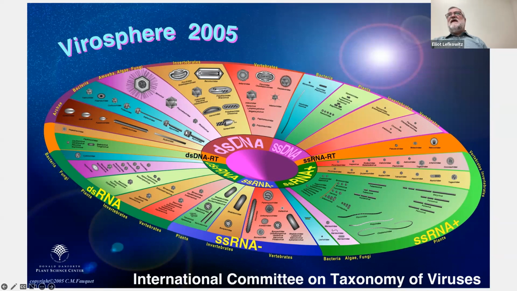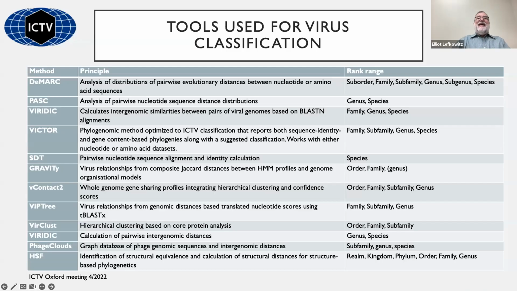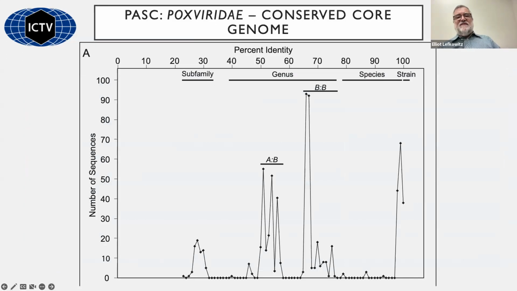So the ICTV is composed of multiple study groups, one for each virus family, and they determine the demarcation criteria that are specific to the group of viruses that they happen to be experts in. In addition to looking at the phenotypic characteristics, when you look at the genotypic characteristics, there are a whole variety of different tools that different study groups use to determine the relationships between the viruses they're working on. And so all of these form part of those demarcation criteria.